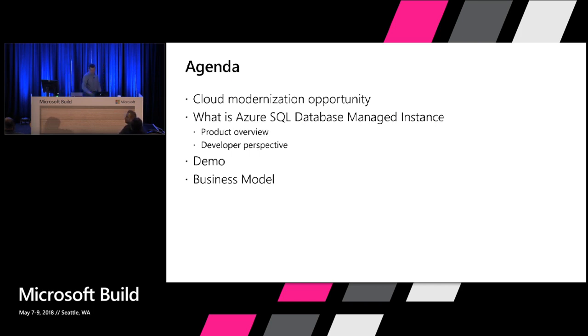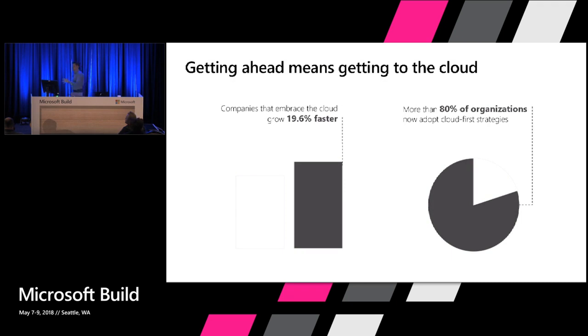Okay, so let's start with the opportunity aspect, right? Why are we building Managed Instance? I'll try to quickly cover what you probably heard several times, but this is really a very specific moment in the technology history when technology really plays an important role in shaping how companies grow their businesses, how they innovate.